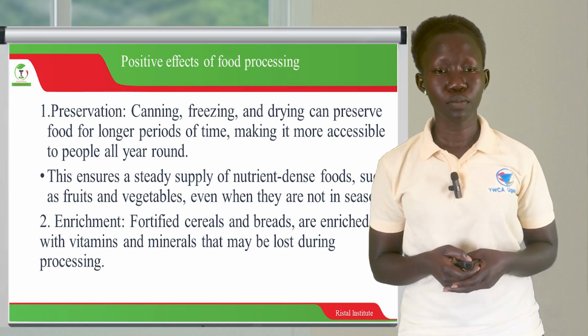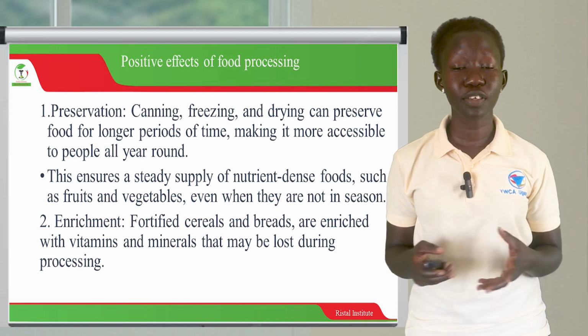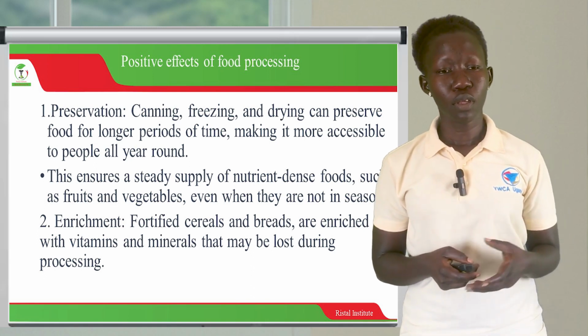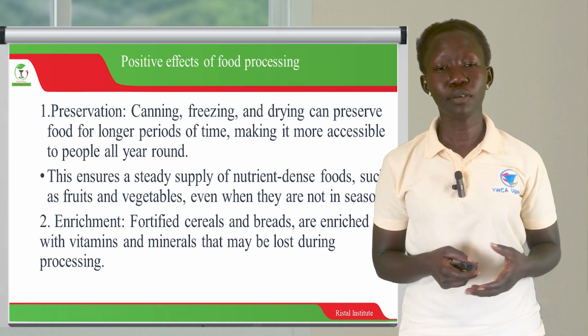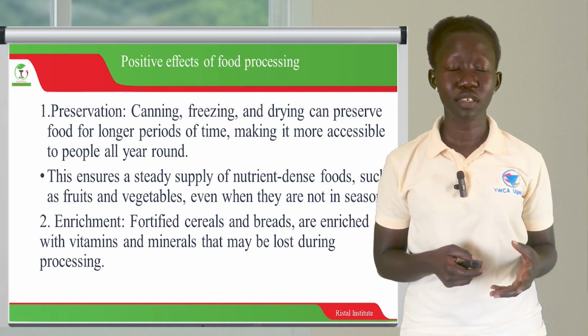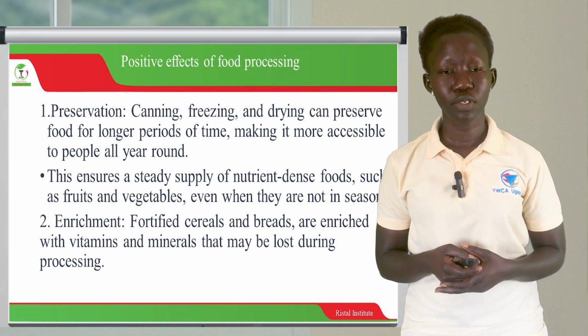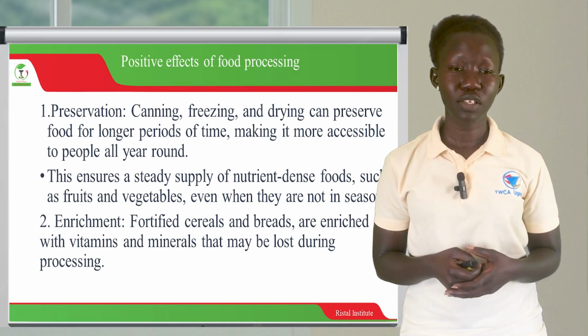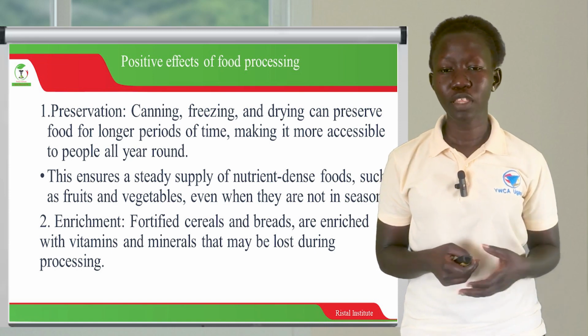Preservation, for example, canning, freezing, and drying, all these are forms of food preservation. They can help food to stay longer, making it more accessible to people all year round. And this also ensures a steady supply of nutrient-dense foods, such as fruits and vegetables, even when they are not in season.